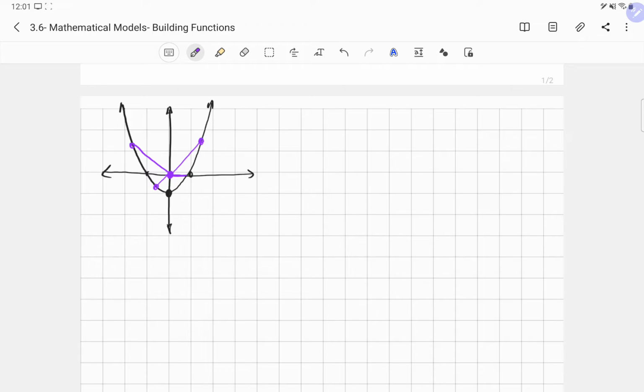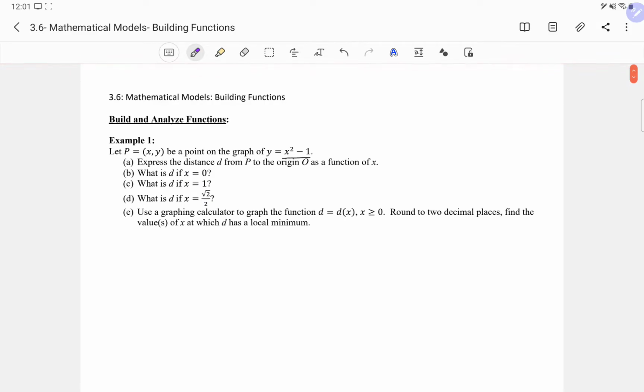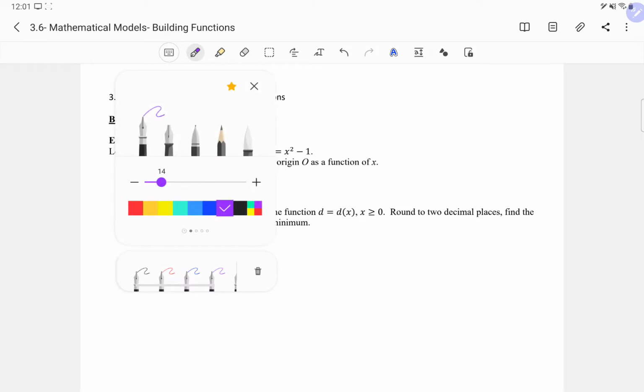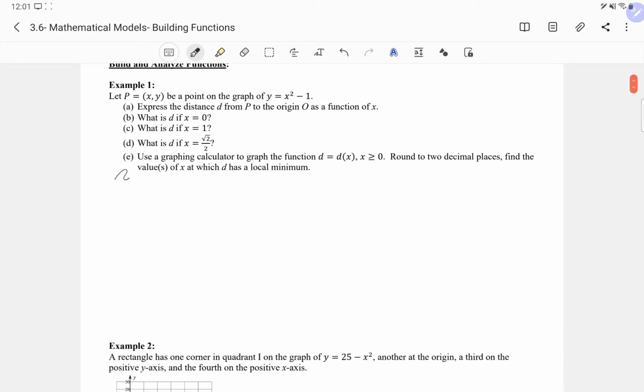This is going to require a little bit of work, but hopefully at the end of it, it makes a little bit more sense. So it says express the distance from P to the origin as a function of x. So what we're going to be looking for here is a function d of x. This is our goal.